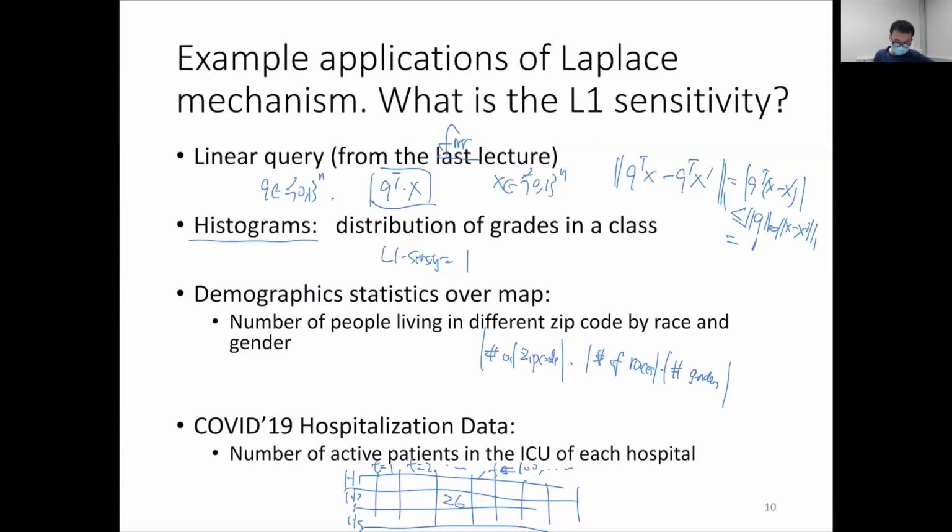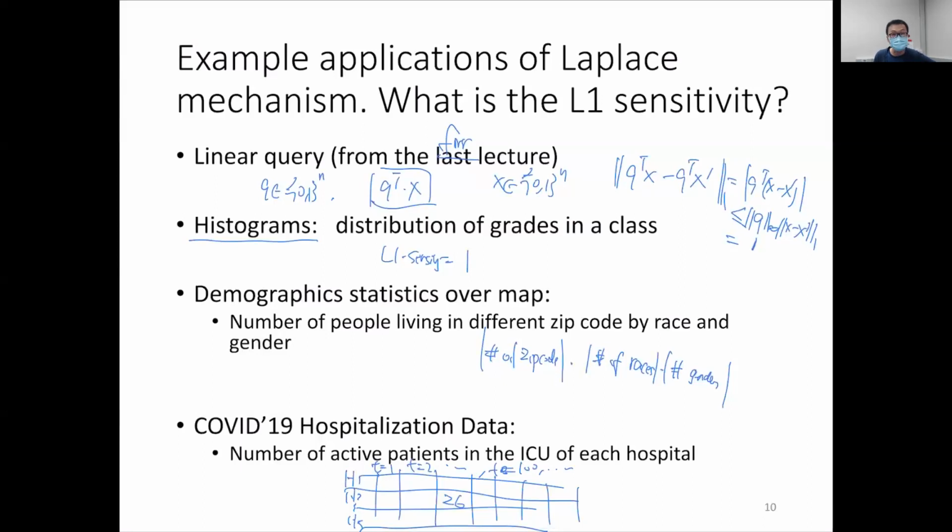Okay. Yeah, that's a good point. So when we think about this problem, we should try to think about what is the worst possible situation that would happen. Since one patient can only be in one ICU of a single hospital, the sensitivity cannot depend on the number of hospitals, right? So that part is good.